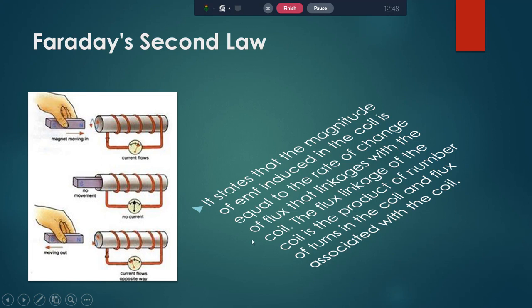Either you can go by the first statement, that the magnitude of the EMF induced in the coil is equal to the rate of change of flux that links with the coil. Or you can also go for the law that states that the flux linkage of the coil is the product of the number of turns in the coil and flux associated with the coil. Both of the laws are the same, just different English words.